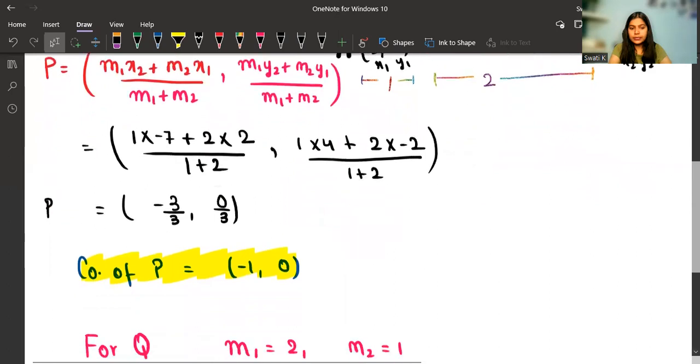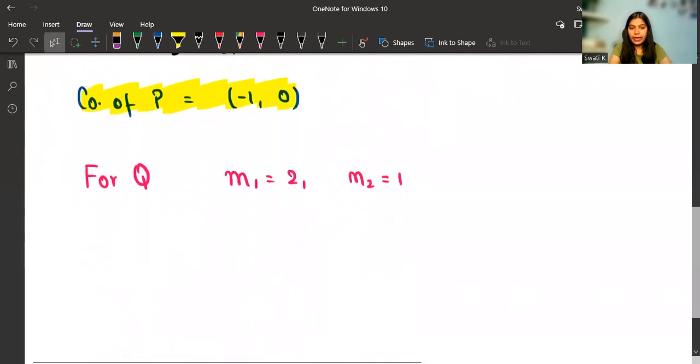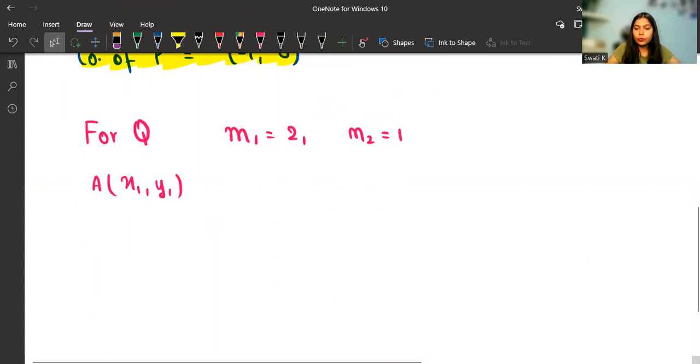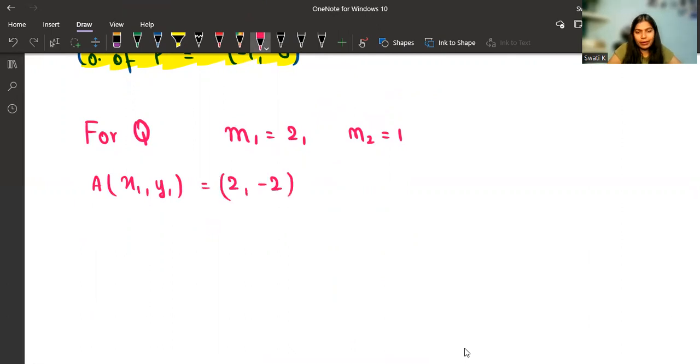So for the coordinate of Q, we have M1, M2, we got it already. X1, Y1 and X2, Y2 are of course the A coordinate and B coordinate. So A, X1, Y1 was, let me write it down, 2, minus 2. That means X1 is 2 and Y1 is minus 2.